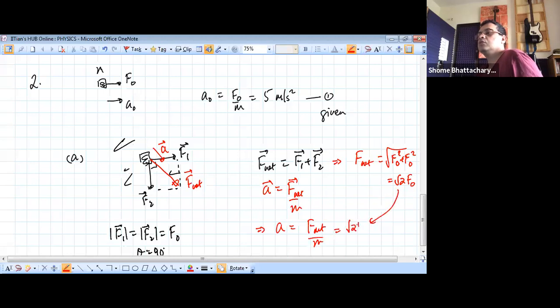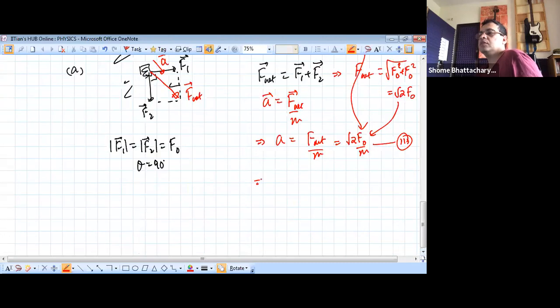So root 2 times F naught by M. So that becomes your second equation. And then substitute this here. So F naught by M is given to us as 5. So the acceleration in this case becomes 5 root 2, approximately 7 meters per second square.